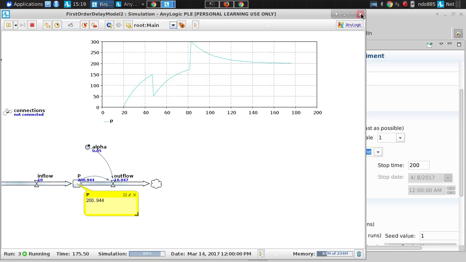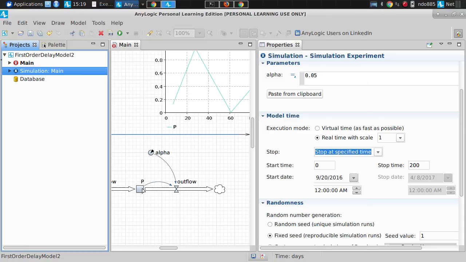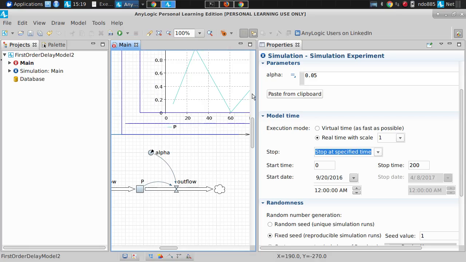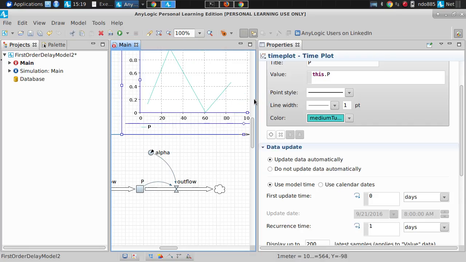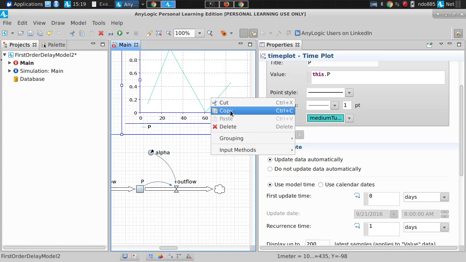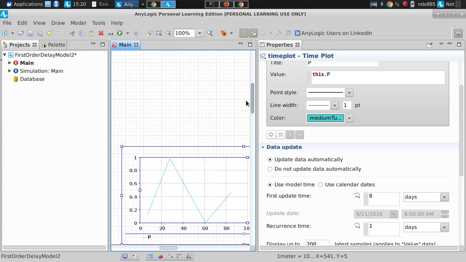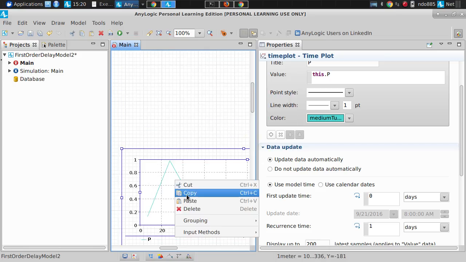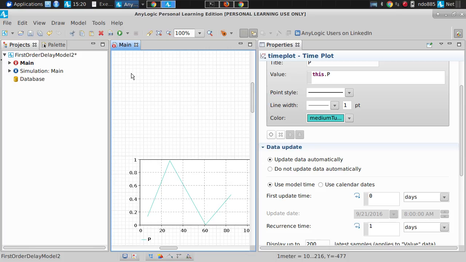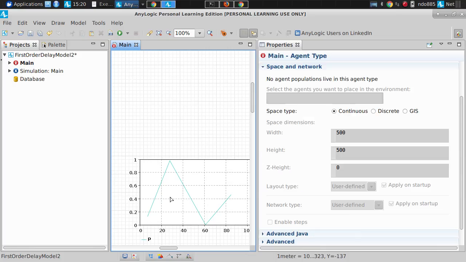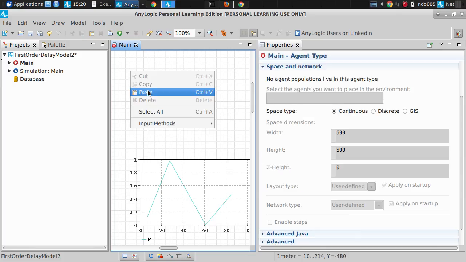Now, I want to highlight something, though. If we drew out, and maybe we'll do it in the same graph here, okay? No, maybe we'll copy that graph. So take that graph, right-click on it and say copy, and then click above it, and then do paste.